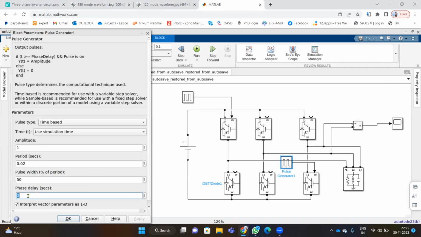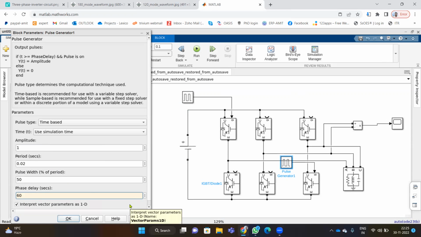Now the phase delay we need to vary. So we need to represent a 60-degree delay, but that has to be provided in terms of seconds. If it were in degrees, then we could have directly written 60 here, but we need to represent 60 degrees in terms of this 0.02. So how much of 0.02 will be 60 degrees?